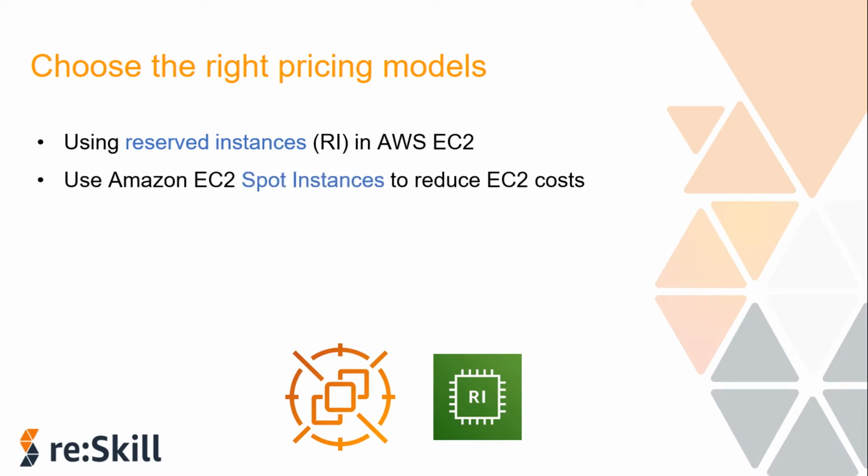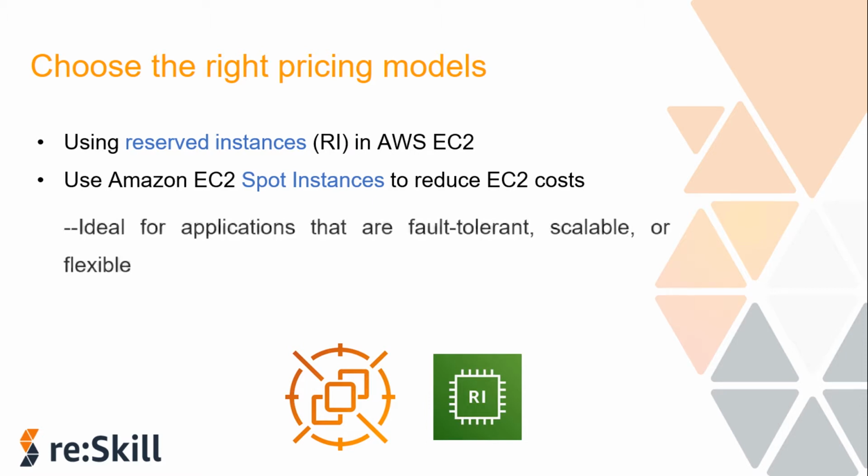Customers can also use spot instances to receive up to 90% discount as compared to on-demand prices without making a term-based commitment. They are ideal for applications that are fault tolerant, scalable or flexible, containerized workloads, and high performance computing, because spot instances can be interrupted by AWS at any point of time with just a 2-minute prior notification.